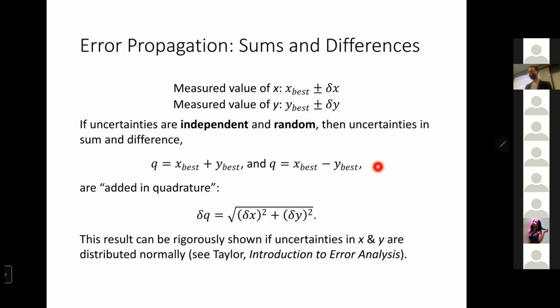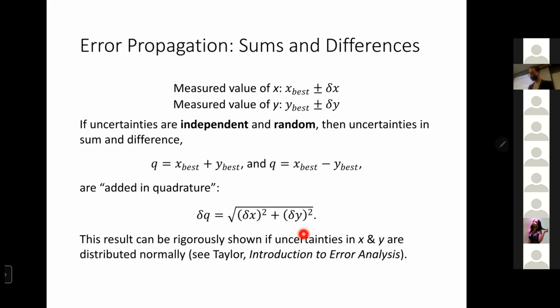If you take a sum or a difference between x and y, that is, if you're trying to calculate some value q equal to the sum or the difference of x and y, then the best value of q is just the average value of x plus or minus the average value of y. The uncertainties, however, have to be added in quadrature.